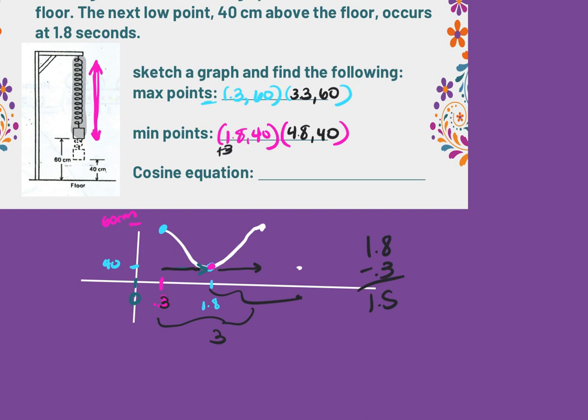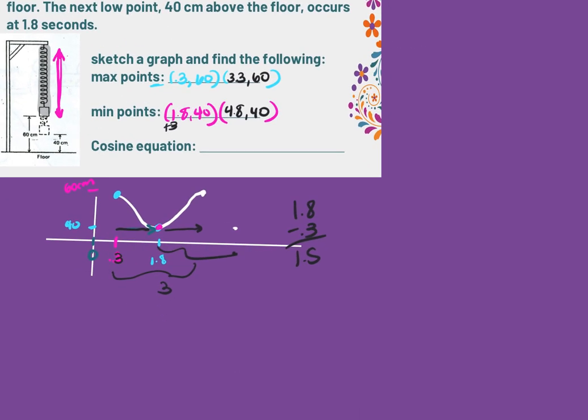Now I know my amplitude by doing 60 minus 40 divided by 2, so I get 20 divided by 2, that's 10. That's my A. I know the midline would be 60 plus 40 divided by 2, which is 100 over 2, or 50, and that's my vertical shift.